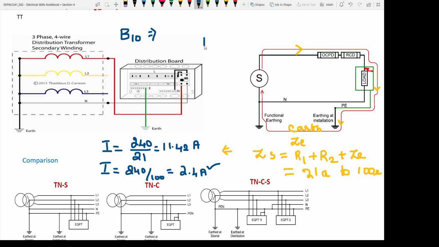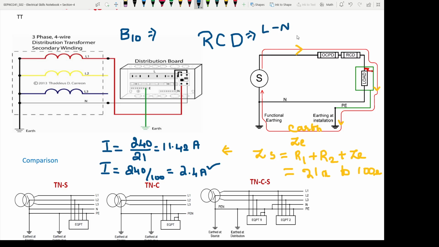So, you can have a device called RCD, residual current device. This device has a principle of working not like an MCB, it has a different principle. It is going to compare the line and the neutral current always.